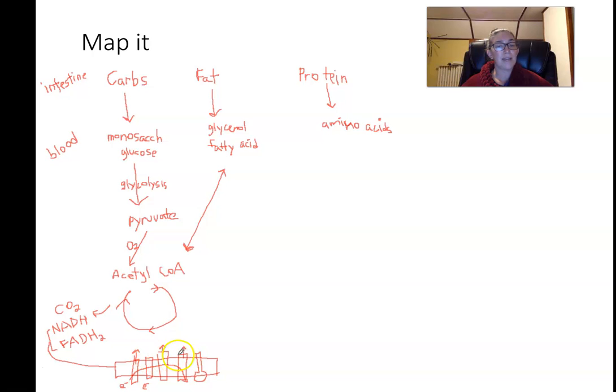Complexes 1, 3, and 4 pump protons or hydrogen ions into this space up here, and they build up a concentration gradient, and they really want to come back in, and they ultimately do come back in through complex 5, our ATP synthase.